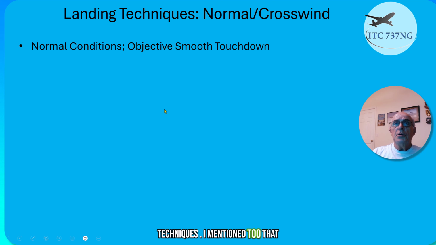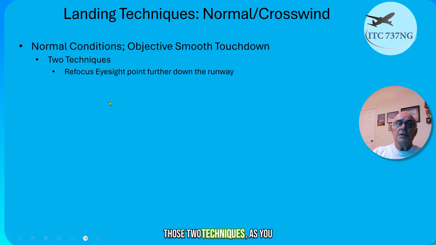I mentioned too those two techniques: as you approach that last 150 to 100 feet, refocus your eyesight down the runway, well down the runway, if you're making a landing that includes a flare. For some reason, it just seems to work out better. That refocus point makes a better flare for you to land with a better result.